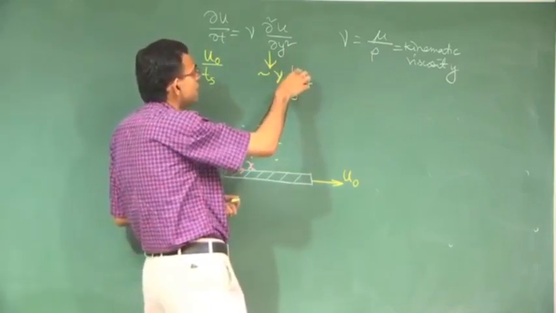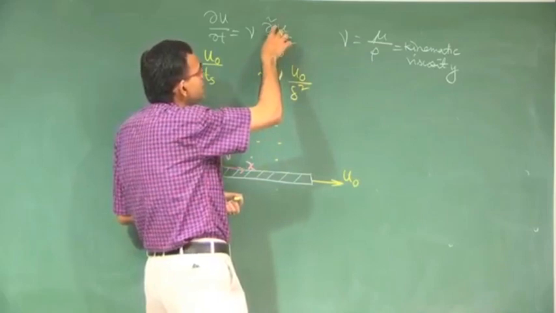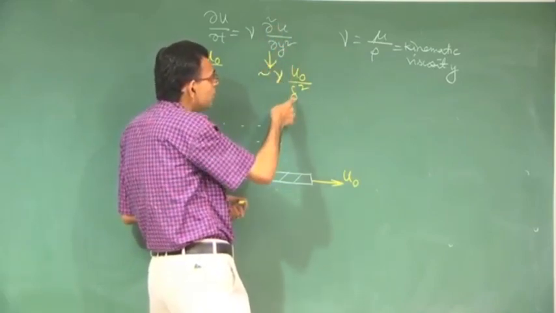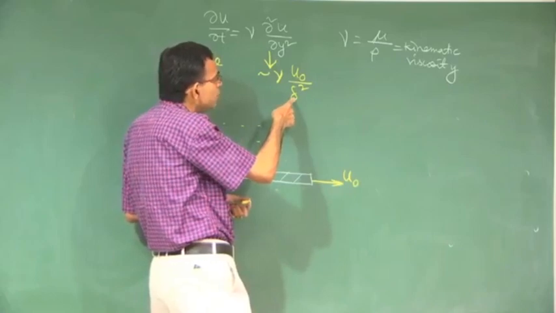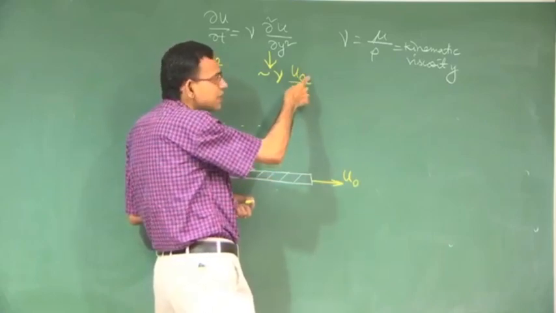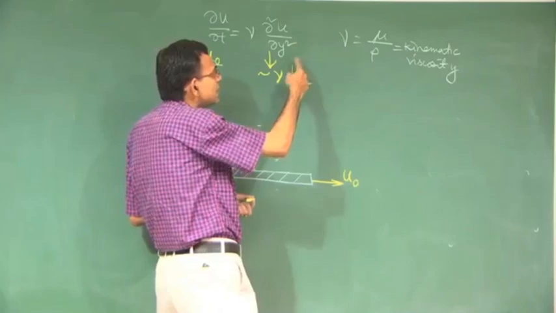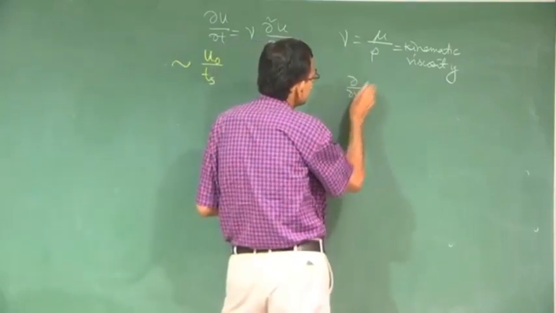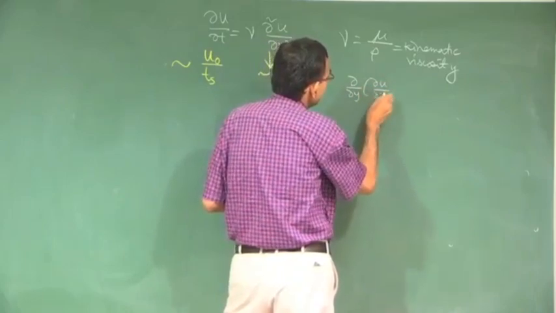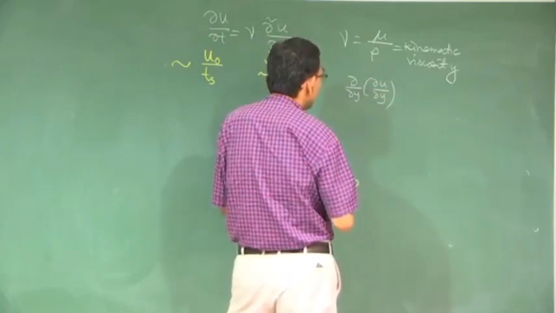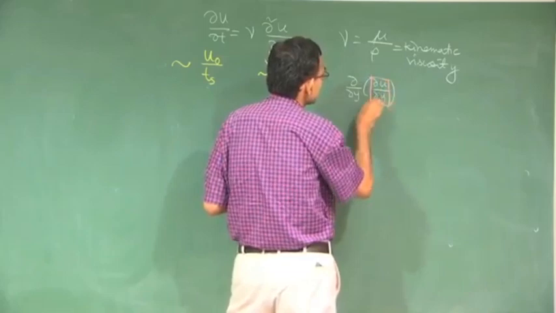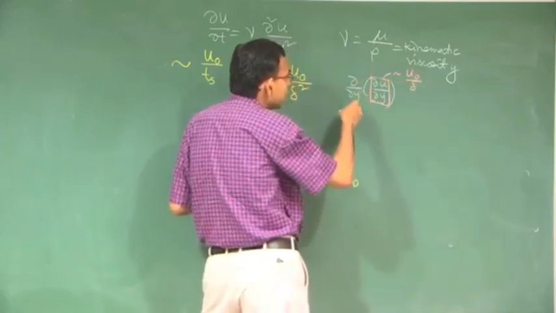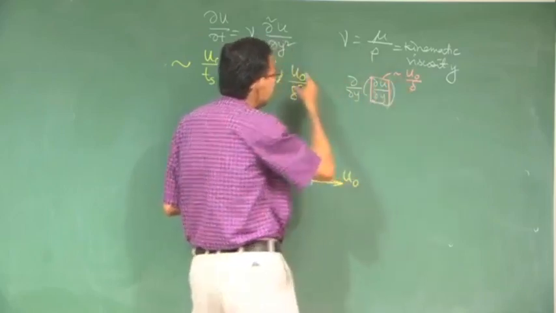So, why is this u naught by delta square? This is del del y of del u del y. So, 2 times derivative with respect to y, and the velocity scale is there only in the numerator. So this is of the order of u0 by delta, and another del del y of this makes it u0 by delta square.